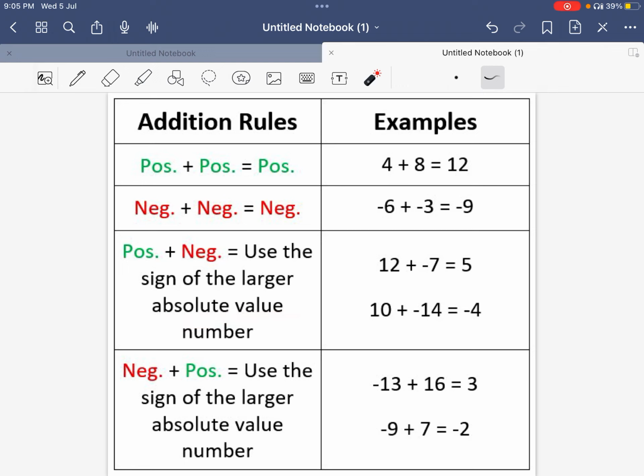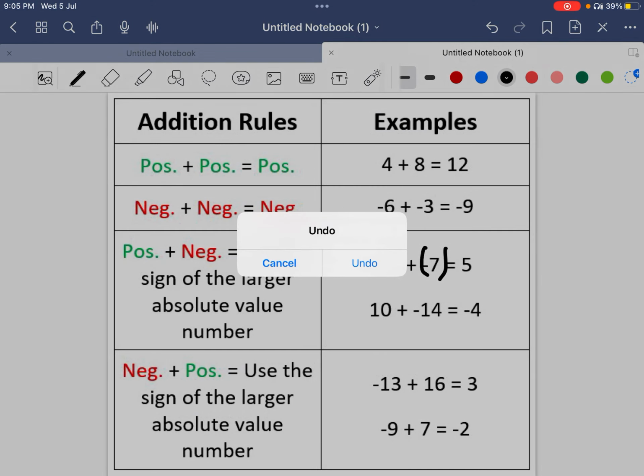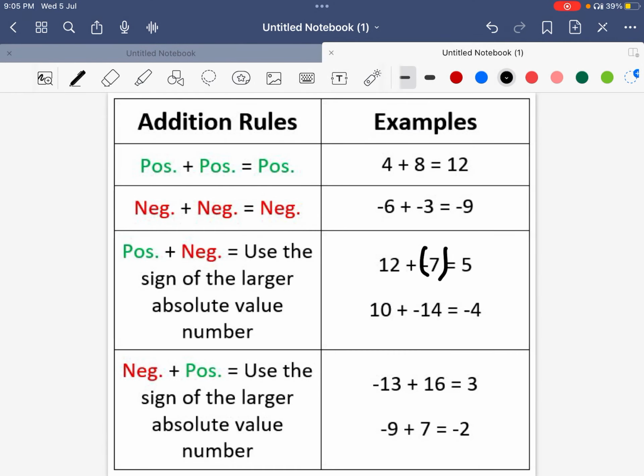Take an example: 12 plus of minus 7. If you want to simplify like this, just make sure this is a bracket and we are solving this bracket. As per the previous case, if the signs are different, then take a subtraction.